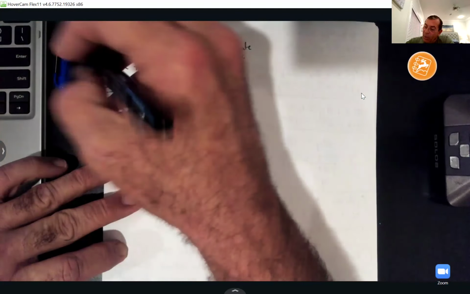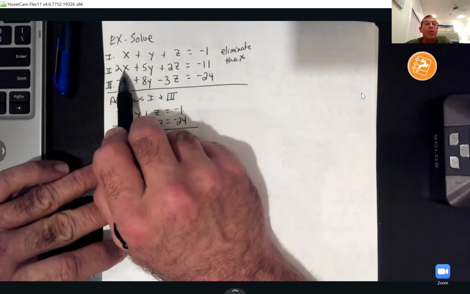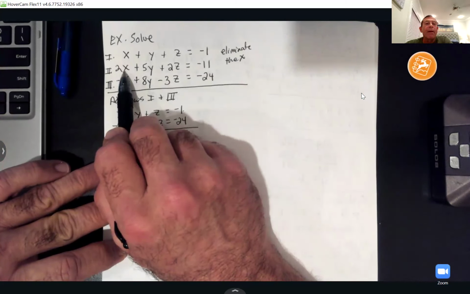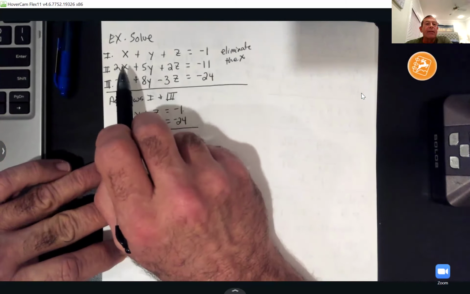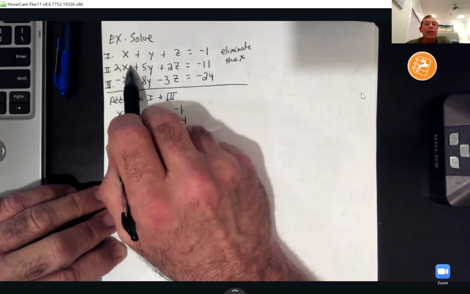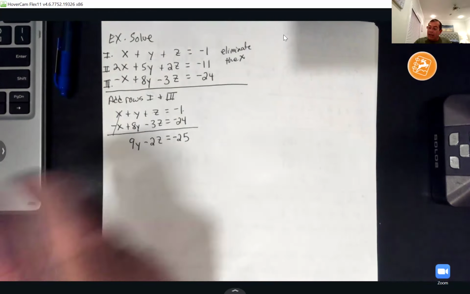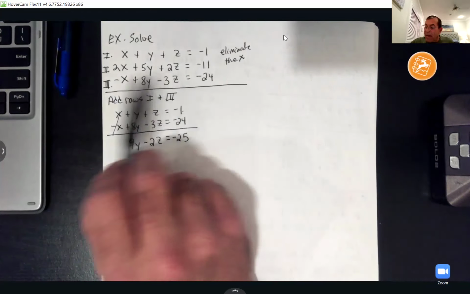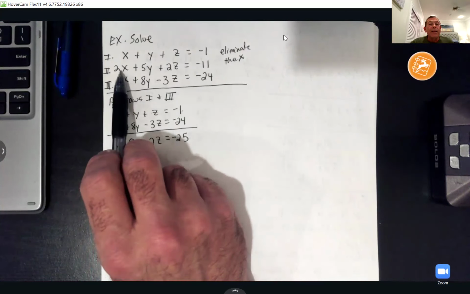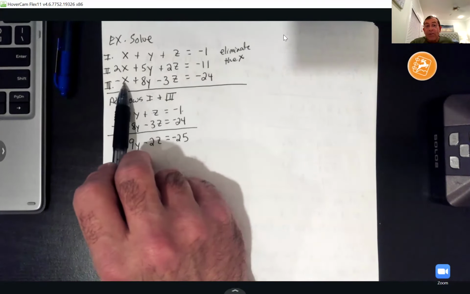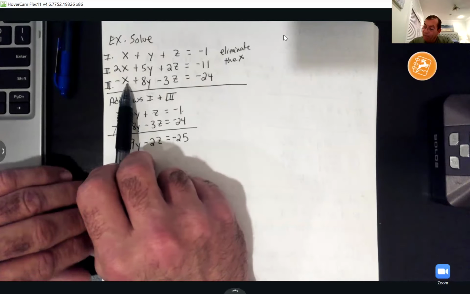Now, we have to use the second row this time and eliminate the x. So y'all, I got a 2x here. I'm going to use the third row, which has a -x, and I'm going to multiply the third row by 2 so that 2x will have a -2x to cancel.